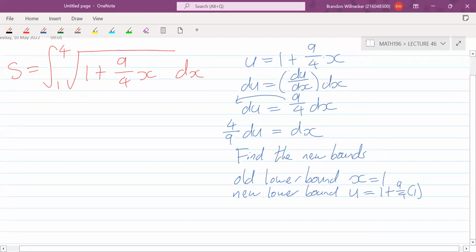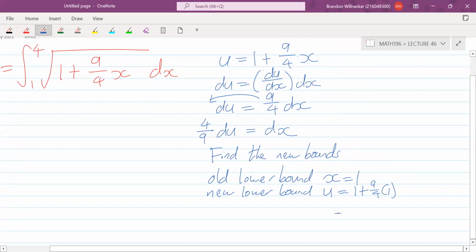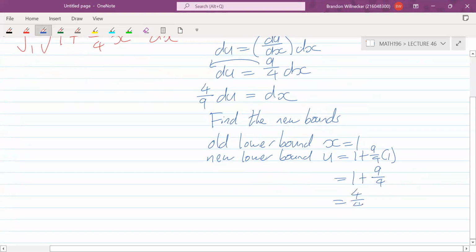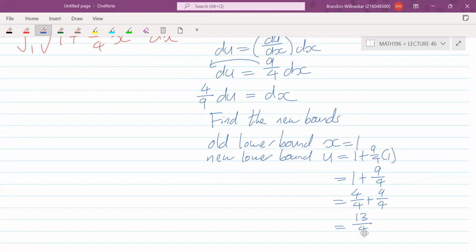Okay, because x is equal to 1. So that's going to be 1 plus 9 over 4. We can write that as 4 over 4 plus 9 over 4. So 9 plus 4, that's going to be 13 over 4. Okay, so that's going to be our new lower bound for the integral.